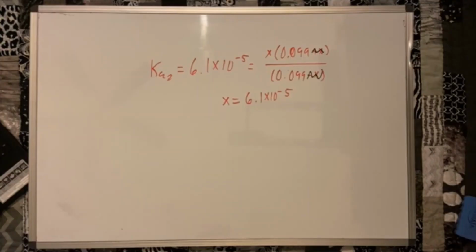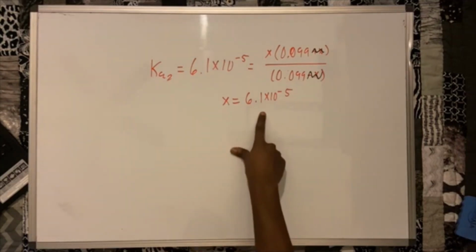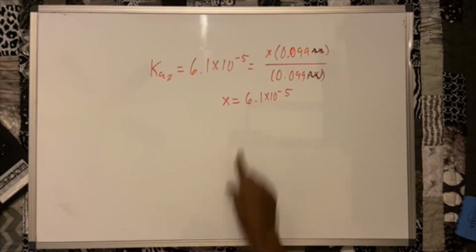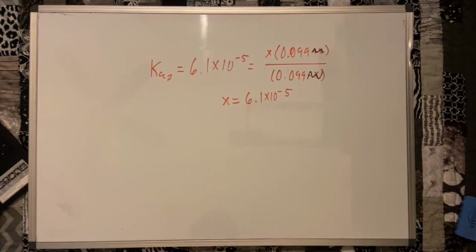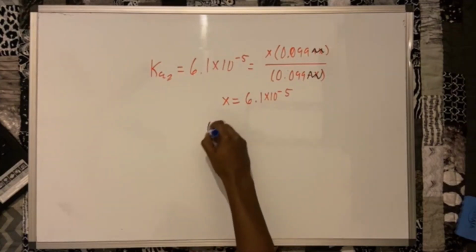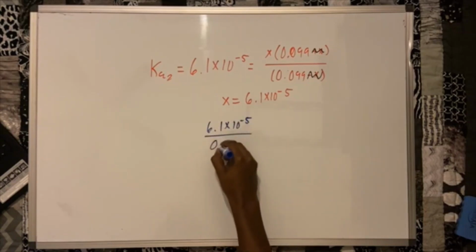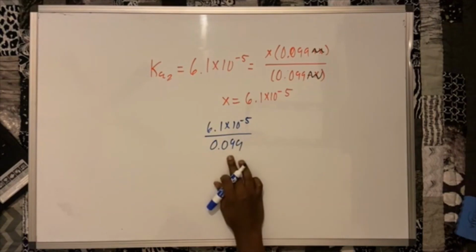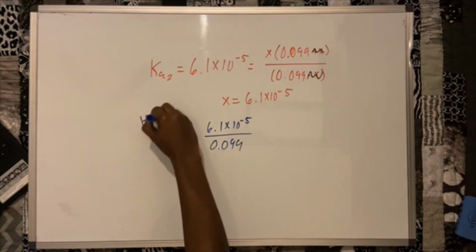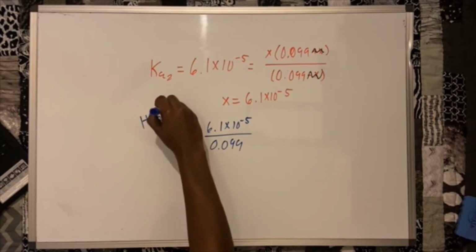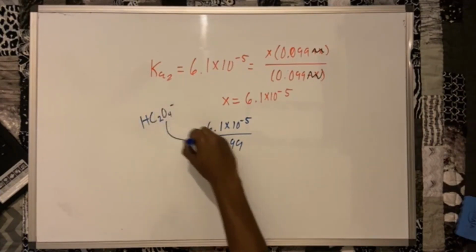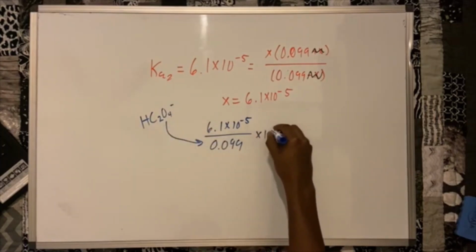Hello, everyone. Future Links in here. When we were doing the problem in SI, what I forgot to do was check to make sure that our x is small assumption is right. So we'll do that real fast right here. We take our 6.1 times 10 to the -5 divided by our 0.099, which was our initial amount of the H2C2O4 minus, times 100.